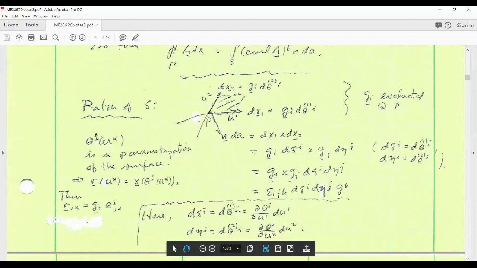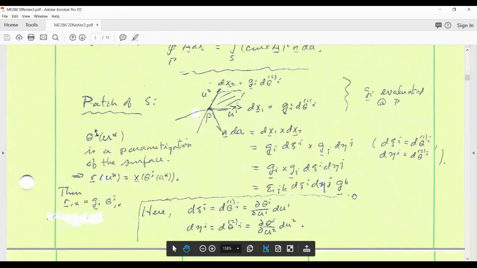So the d theta^i here is partial theta^i with respect to u1 times du1 by the chain rule. D2 theta, which I'm calling d eta, is likewise associated with a curve on which u1 is constant, so I'm on this curve here. u1 is constant on that curve. So by the chain rule, this is just partial theta by partial u2 times du2. And so that I don't have a cumbersome notation with these parentheses on top, I'll just write them d psi^i and d eta^i, okay?